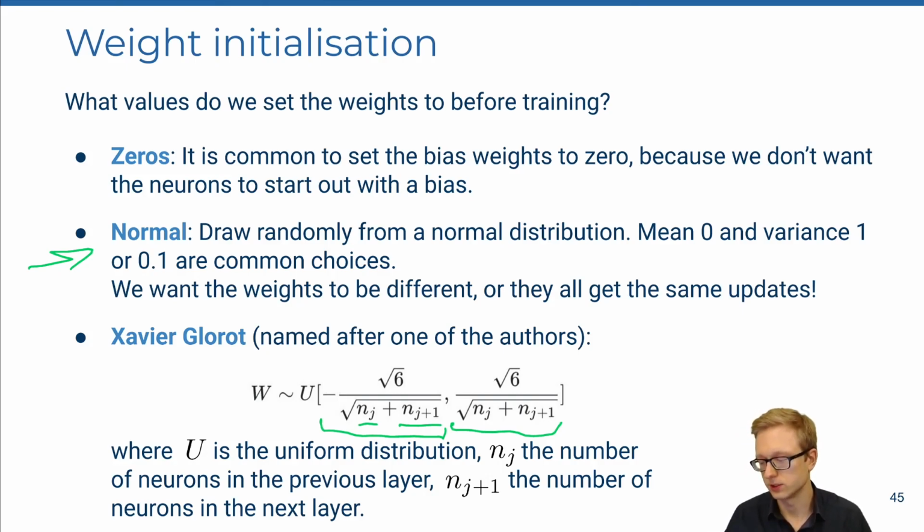What this formula is doing is that if we have many neurons in both of these layers, then we will be drawing smaller and smaller values closer to 0, whereas if we have very few neurons, then we will be initializing with larger weights as well.